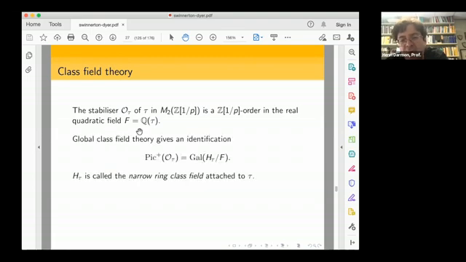And global class field theory identifies the so-called narrow class group of this order with the Galois group of a certain abelian extension of the associated real quadratic field F. And so this H tau, which depends on tau via this dependency on O tau, is called the narrow ring class field of F associated to tau.